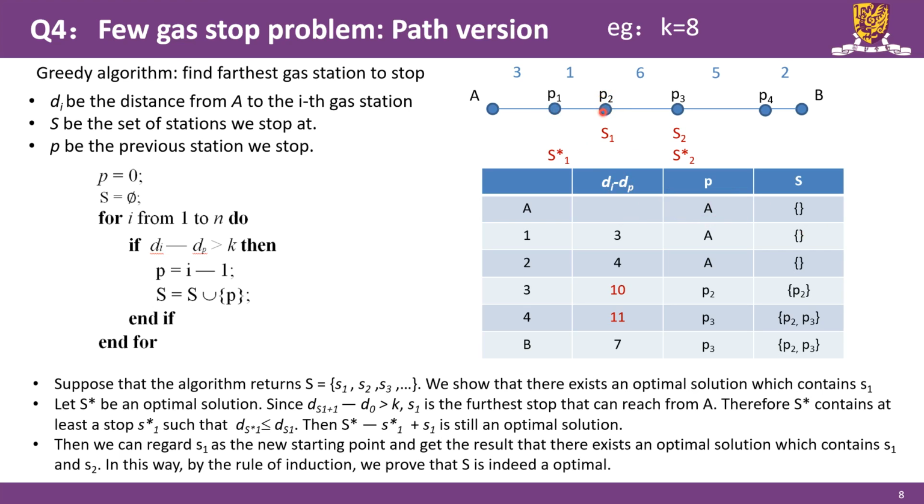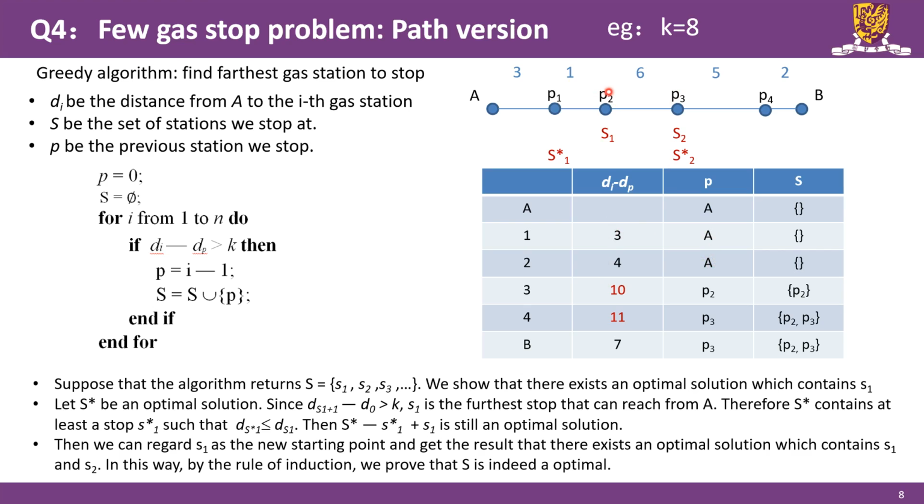Then we investigate station 2. So D2 minus Dp will be 4, which is 3 plus 1. The previous stop is still station A, and P and S will not update. And then we investigate gas station 3. In this case, Dp is still 0, while D3 will be 10.